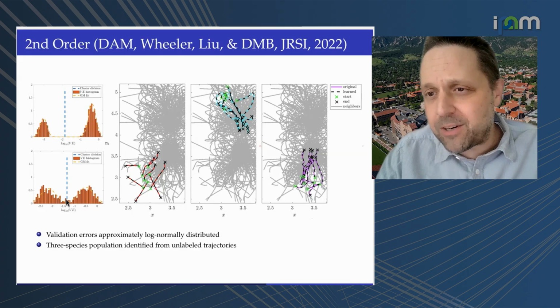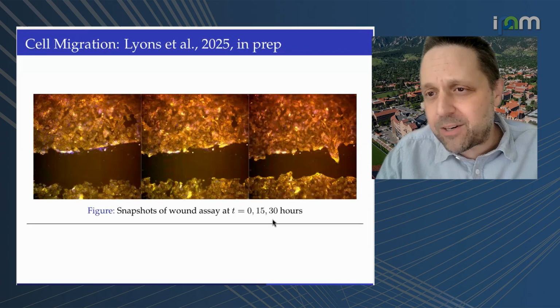You can split whether or not the model is correct. This allows you to take this spaghetti mass of multicellular, multi-species trajectories and sort them into individual species. This was the publication, and it was exciting that we were able to sort these by passing them through the WSINDy algorithm.